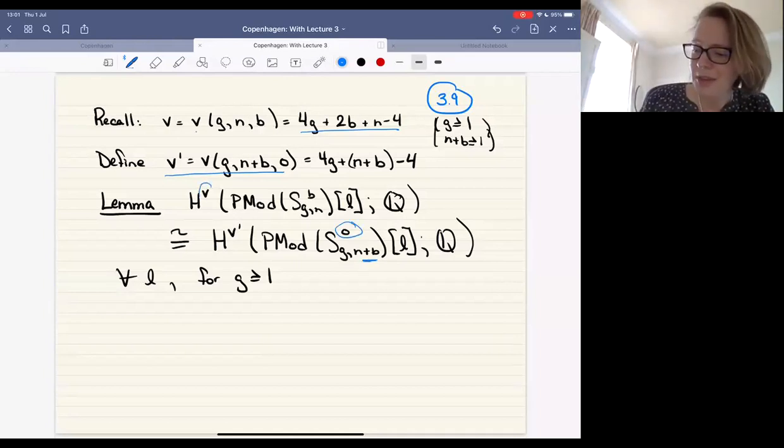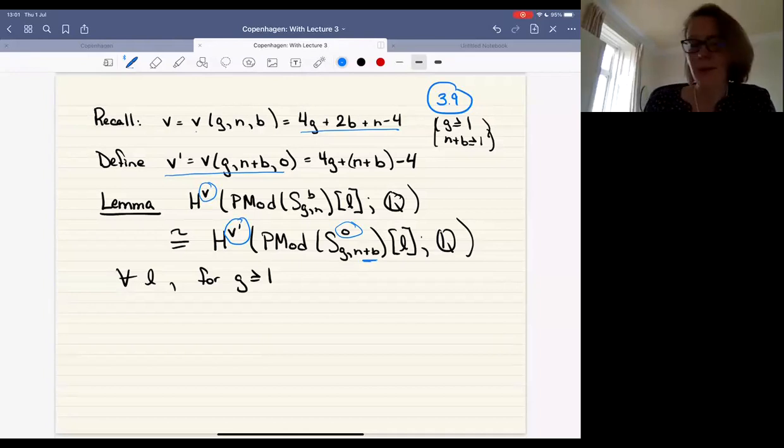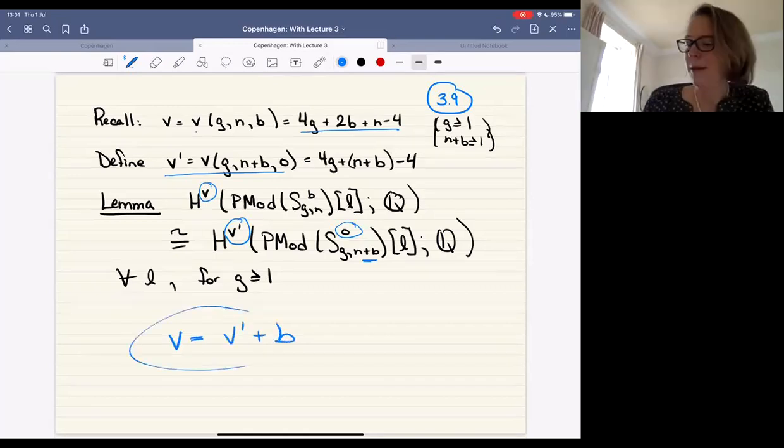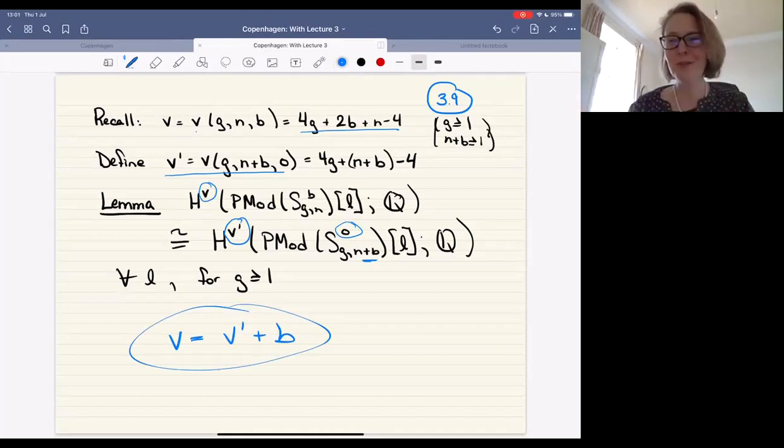But just notice here, this is important: these are not the same v. So we've shifted the dimension here. And this is true for all levels L and for all genus. So again, I'm going to emphasize here, v equals v prime plus b. That's going to be important for us. Don't need to remember any of the other stuff, just remember v equals v prime plus b, that's the important part.